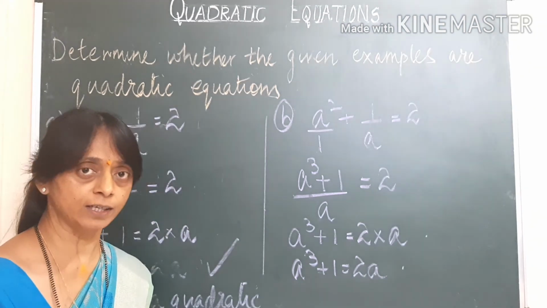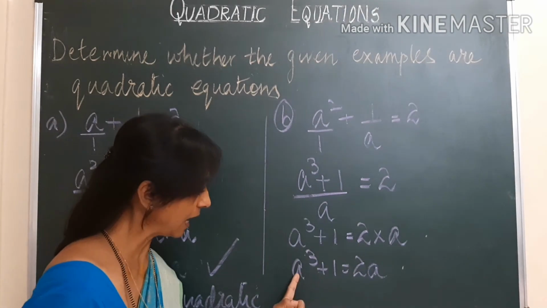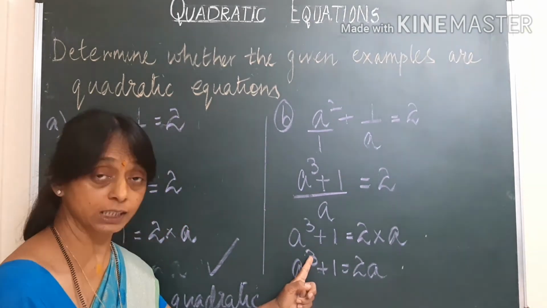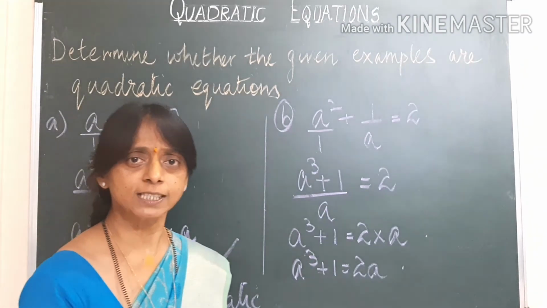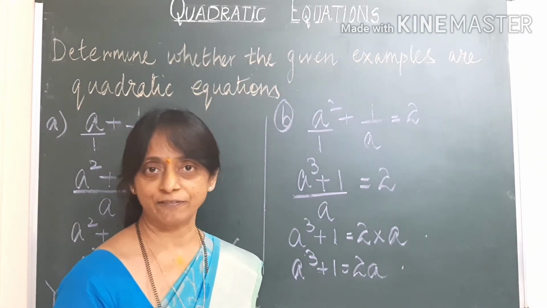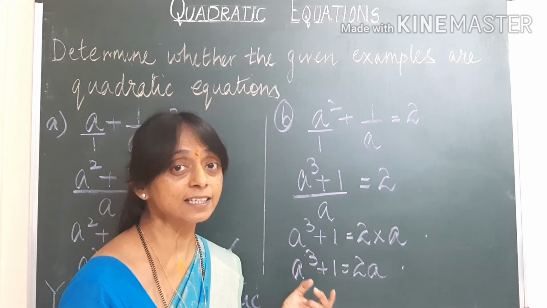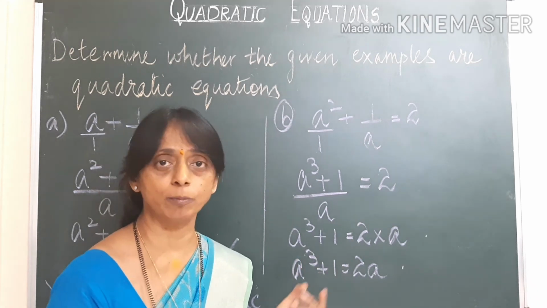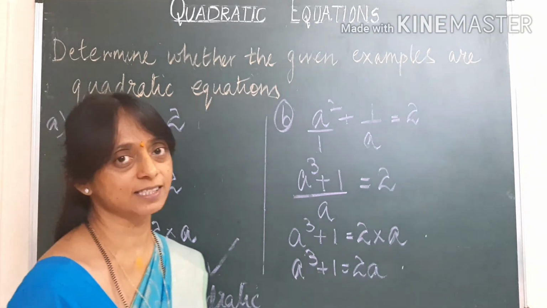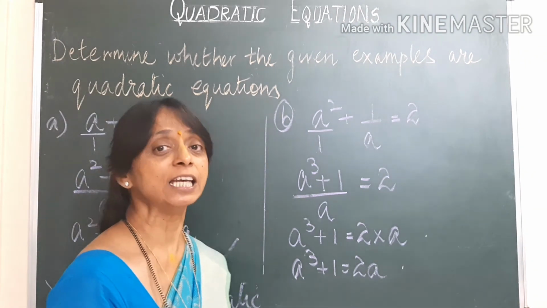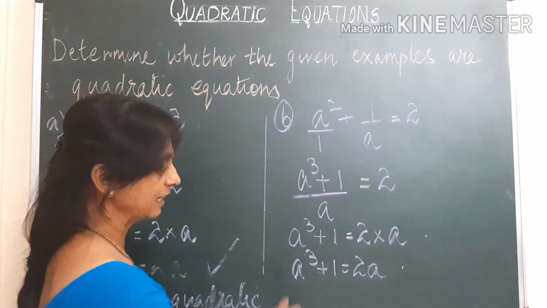Without solving further, here we see that the highest power, the degree of the variable a is 3. So can you call it a quadratic equation? Definitely not, because the highest power of the variable in that given problem should be 2. So over here you have 3 as the highest power. So it is definitely not a quadratic equation.